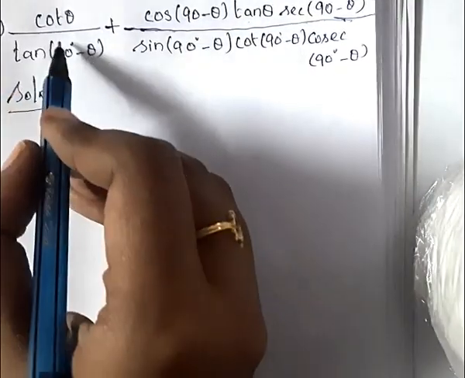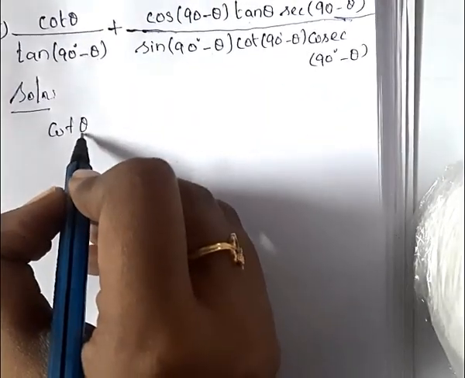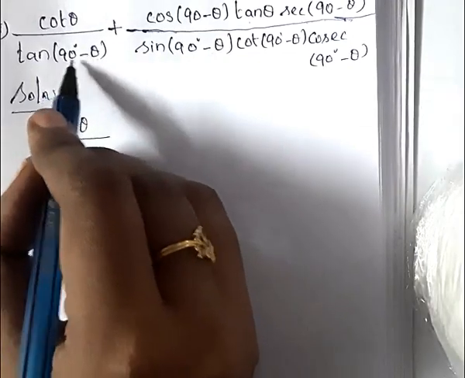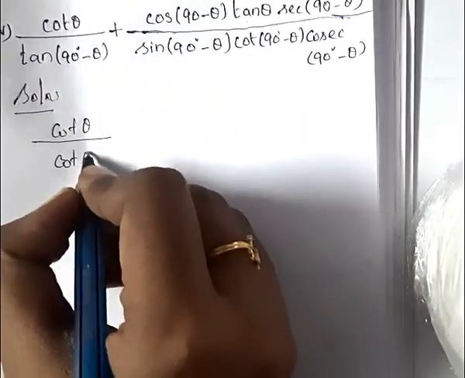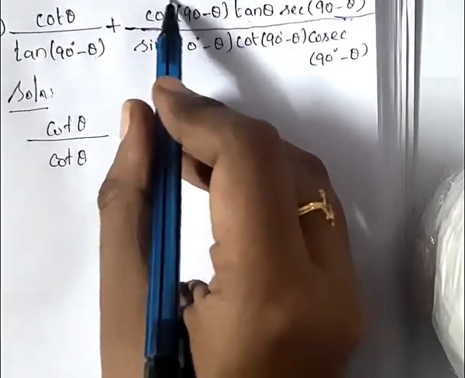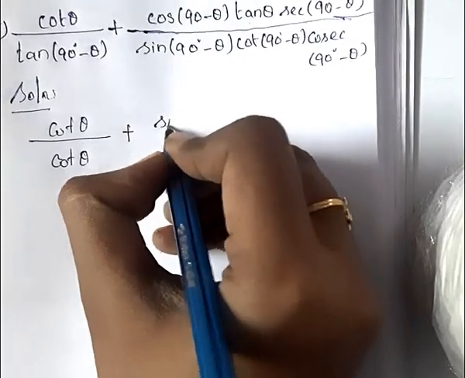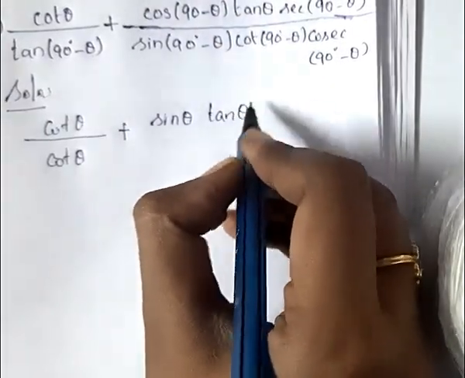So here when you take this cot theta, I didn't change because this is theta. So I'll change this term, tan (90 minus theta) is cot theta, plus. It is 90 minus theta, so cos (90 minus theta) is sin theta. Tan theta, there is no change, just write tan theta.